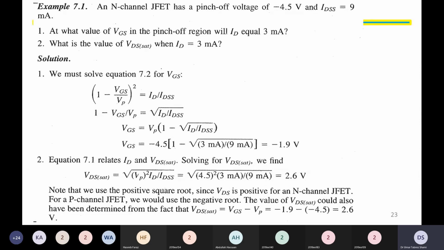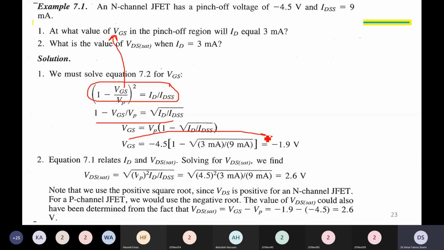So this is quite simple, that we will solve for the current equation of JFET, that is ID is equal to IDSS multiplied by bracket 1 minus VGS over VP bracket close squared, and we will rearrange and we will solve for VGS such that VGS is equal to VP bracket 1 minus under root ID over IDSS, and VGS is equal to minus 1.9 volts.